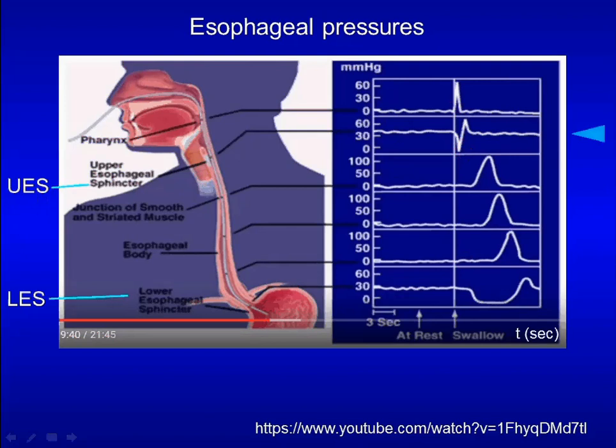When food is in the esophagus, the pressure stays high. But far before the food arrives in the lower part of the esophagus, the lower esophageal sphincter relaxes. The pressure goes lower. After the food enters the stomach, the pressure goes back up.